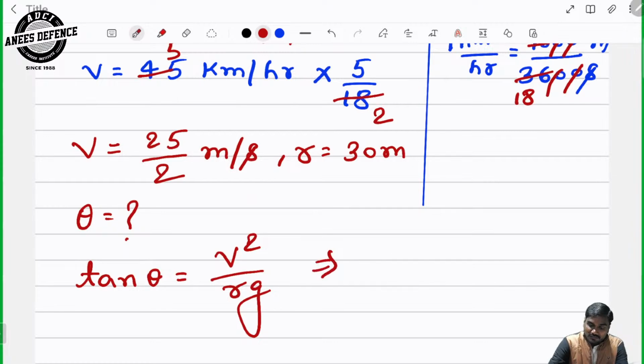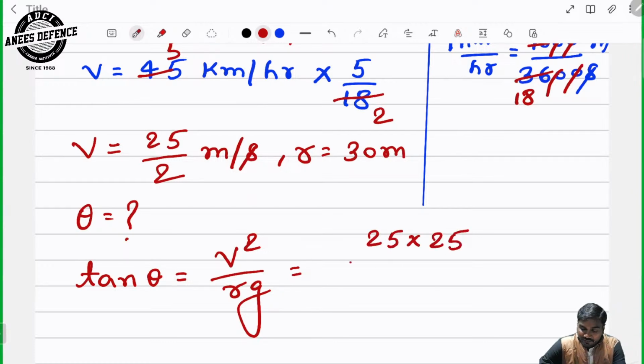So first calculate. Put the value of v square: 25 into 25 upon 4. 2 square is nothing but 4. 25 times 25 is 625.